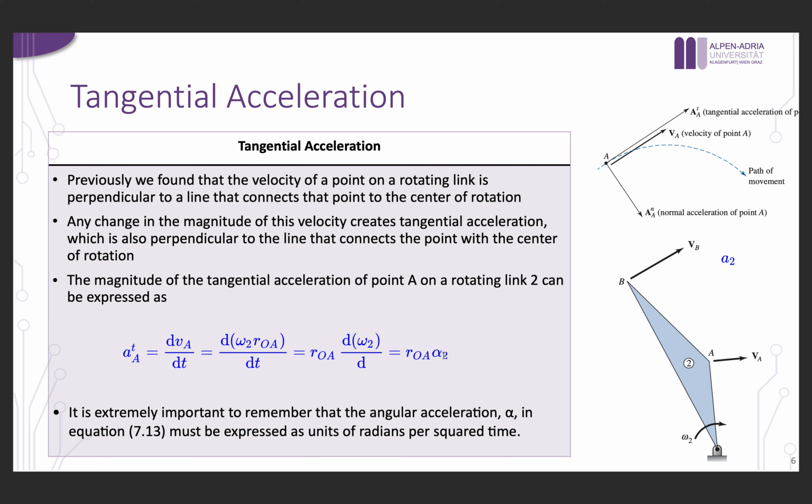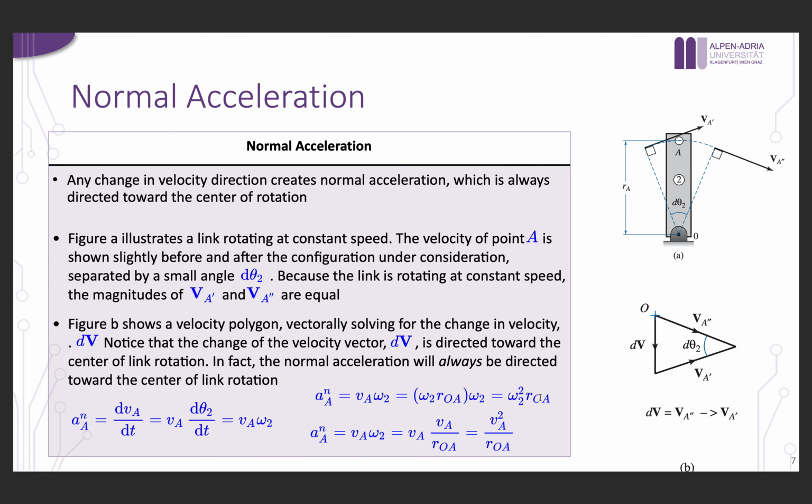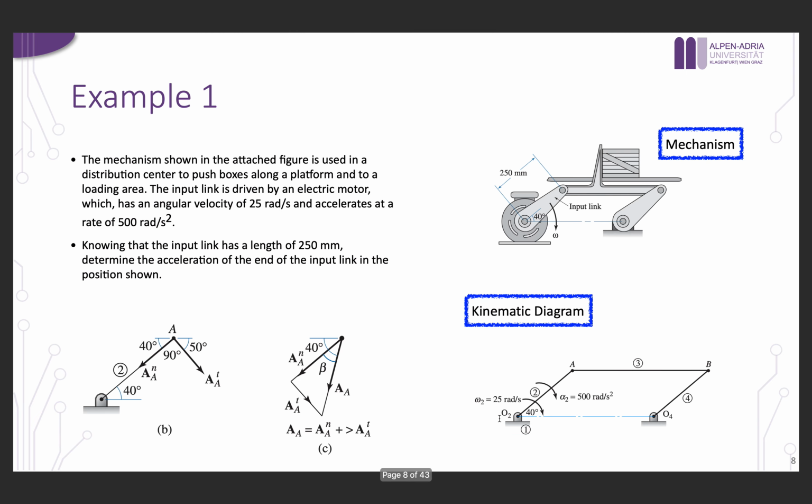Because we know the angular acceleration and we know the radius of movement. So we can actually get this. And we can also get this because we know the angular velocity, so we can apply this one. If I don't know the angular velocity, but I know the linear velocity, then I can apply this. Anyway, if I know one of them, I can derive the other one, as you know.